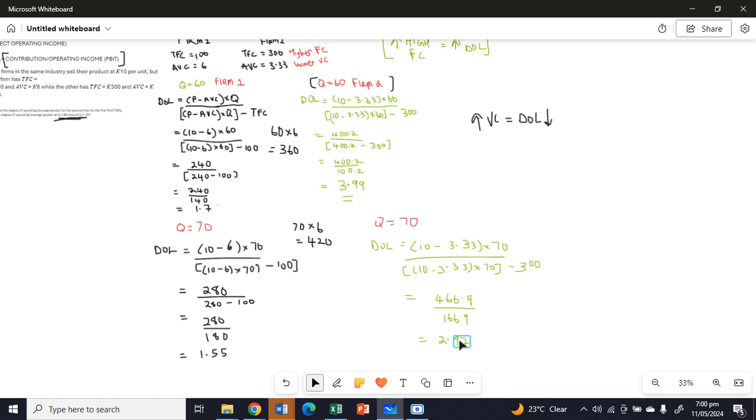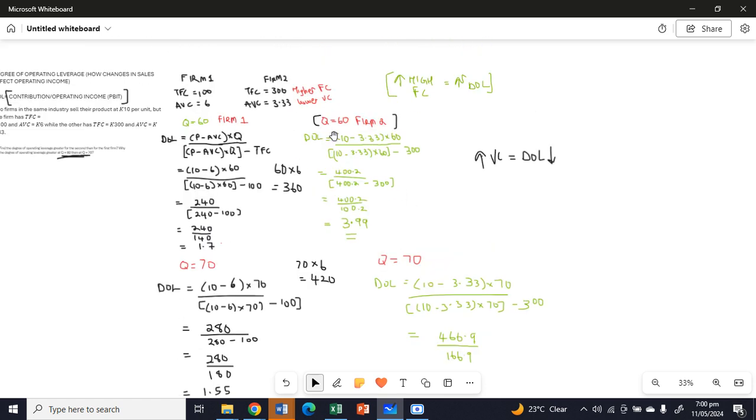And then the relationship between degree of operating leverage and fixed costs. If we compare frame 1 and frame 2, frame 2 has the higher fixed costs, and in both cases frame 2 has a higher degree of operating leverage than frame 1.